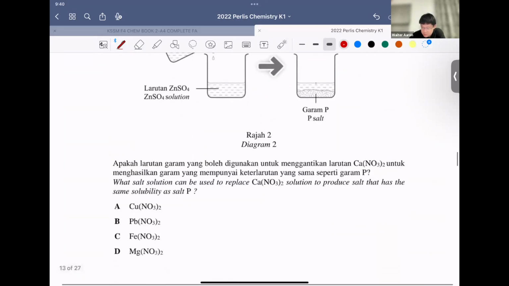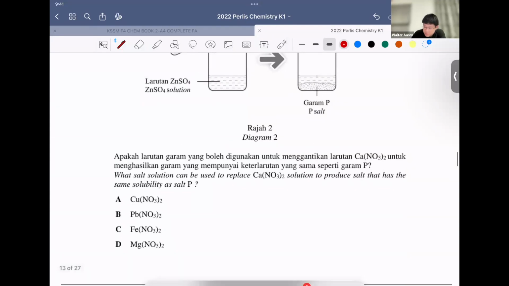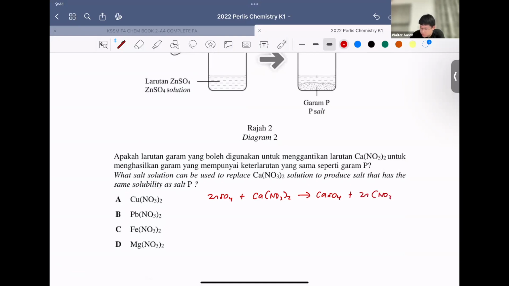What salt solution can be used to replace calcium nitrate solution to produce a salt that has the same solubility as P? Technically speaking, the outcome of the experiment is that when you have calcium nitrate reacting with zinc sulfate, you'll get an insoluble salt of calcium sulfate, and zinc nitrate will be produced.